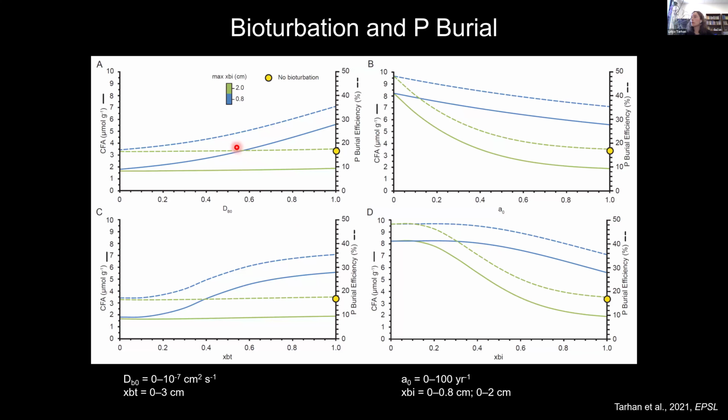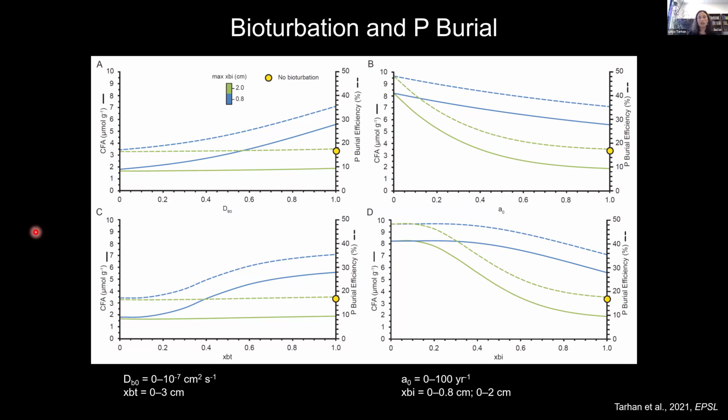And subsequently, having ground truthed our model, we've used SEDChem to explore the relationship between different intensities and styles of bioturbation and biogeochemical cycles, such as the phosphorus cycle. So what you're looking at here on this slide are the outputs of a series of different sensitivity analyses in which I have modulated each one of those 4 bioturbation parameters I introduced previously while holding all other factors constant.